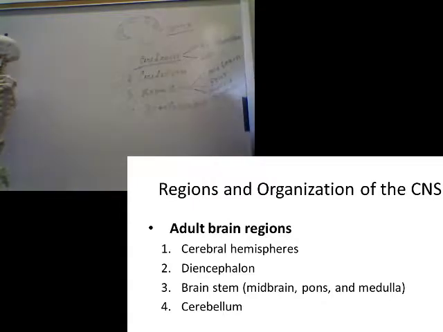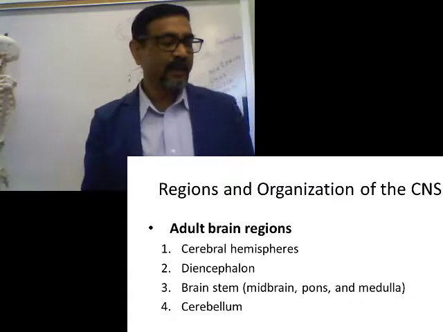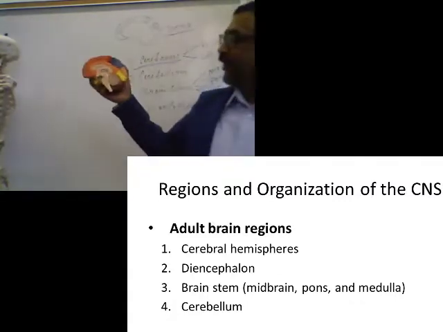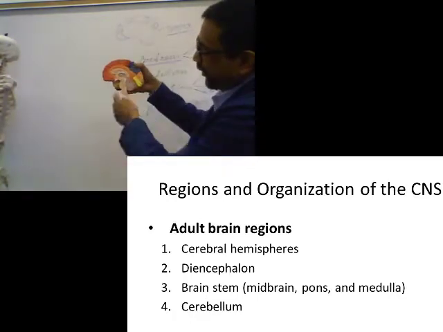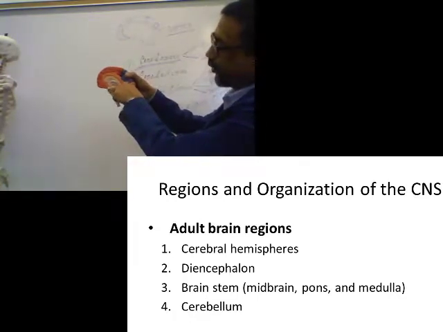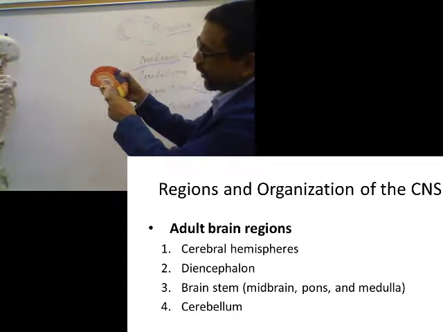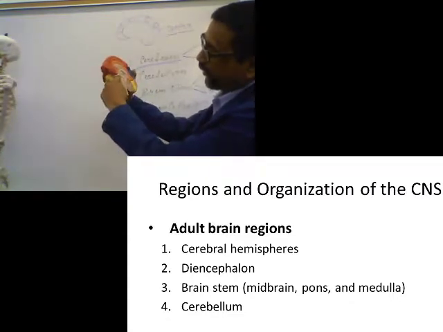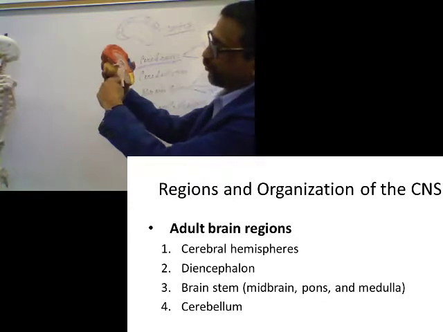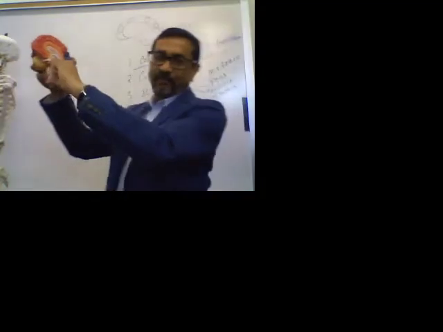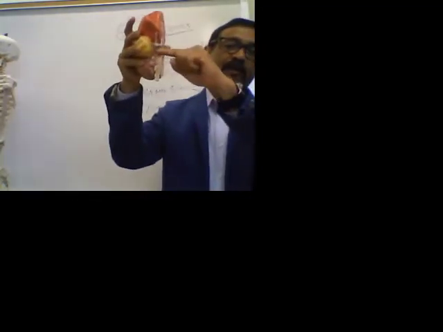So the brainstem consists of three parts: midbrain, pons, and medulla oblongata. If you see this brain, this part is called the midbrain, only this part is here. Then this is the round structure here, you see, this is called the pons, and this part is called the medulla. So midbrain, pons, medulla oblongata. Those three together is the brain stem. Okay, these three: midbrain, pons, medulla.